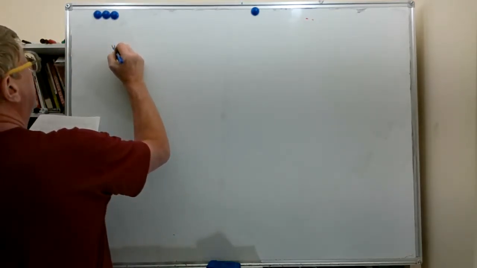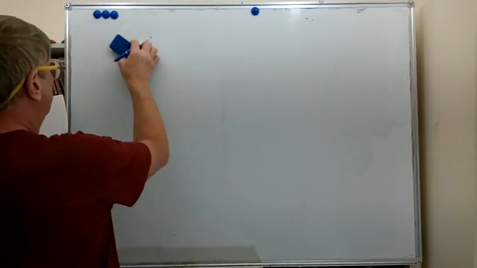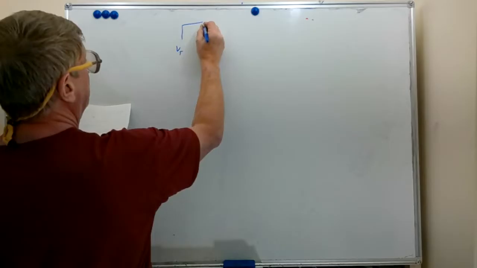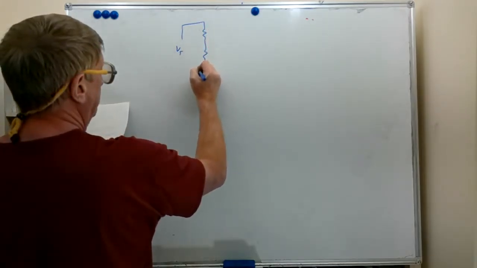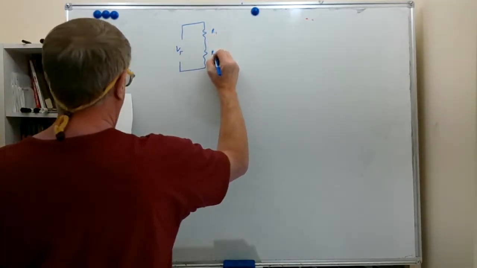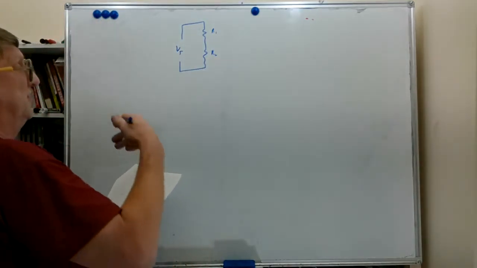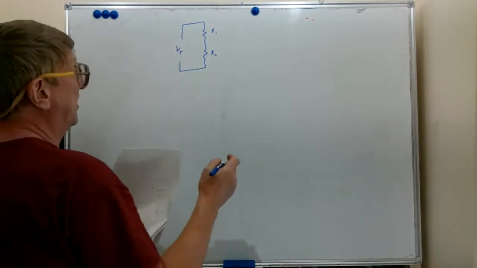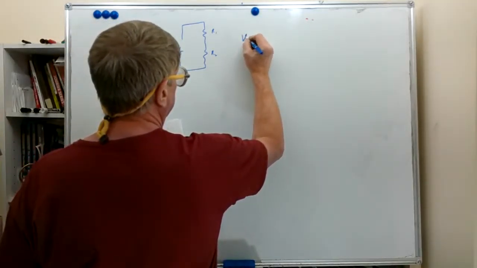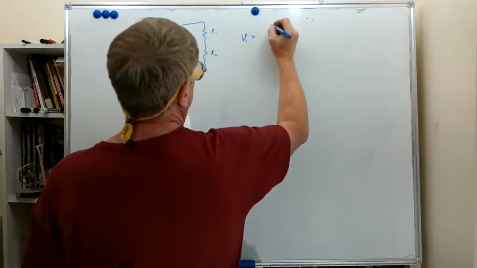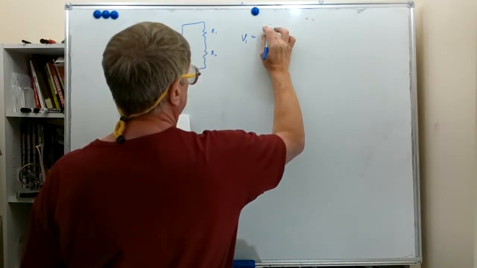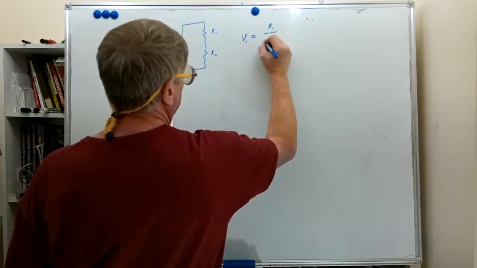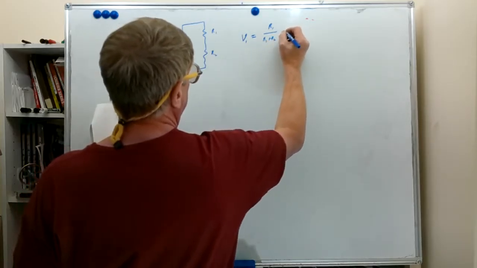We had VT, and we had two resistors, R1, R2, and we basically said that the voltage across R1 is equal to R1 divided by R1 plus R2 times VT.